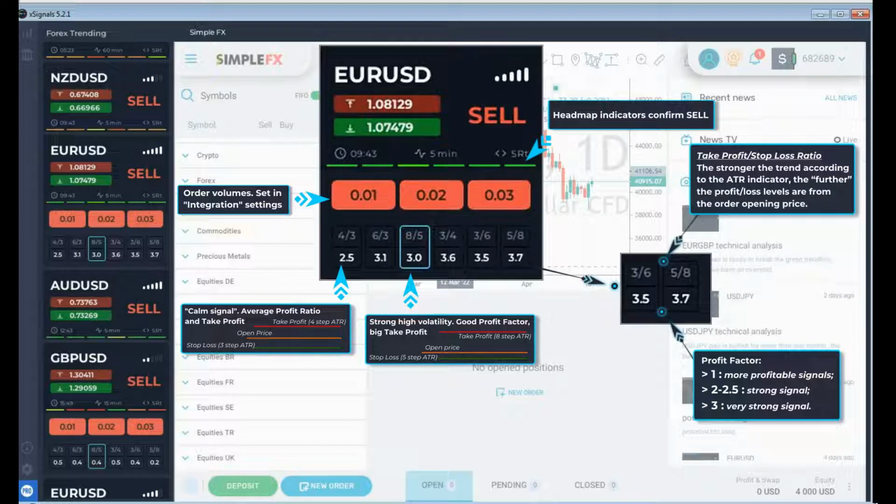The calculation of profit and loss levels is based on the average true range indicator. This is a classic technical analysis tool for determining trend strength and volatility. As in profit factor, statistics of past periods are used to increase the reliability of the signal.